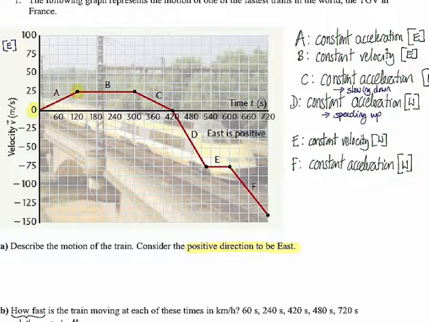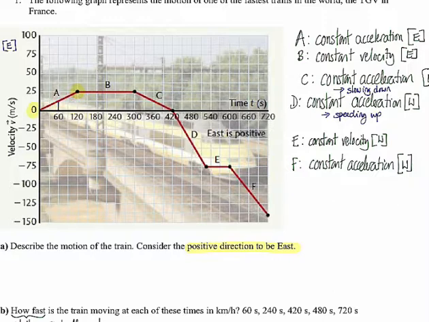Read off graph. So if we look at our graph at each of the different times, we want to know what the velocity is, for example, at 60 seconds. I'm just going to show you how to do that, and then we'll fill it out. If I find 60 seconds on my graph, it's right here.